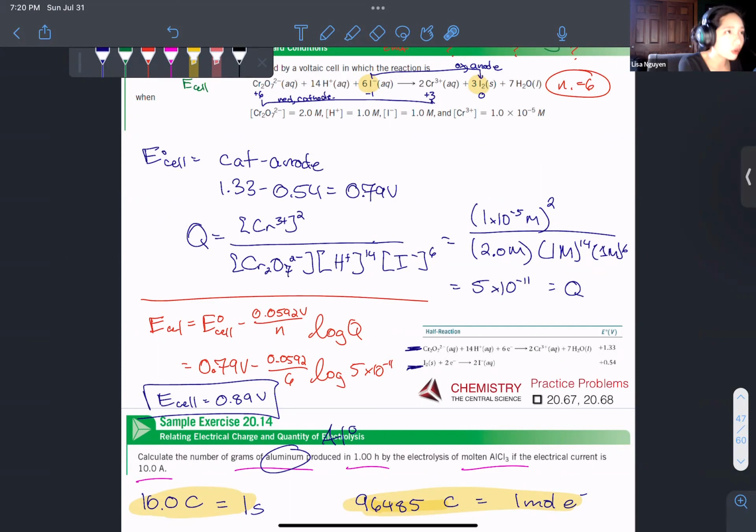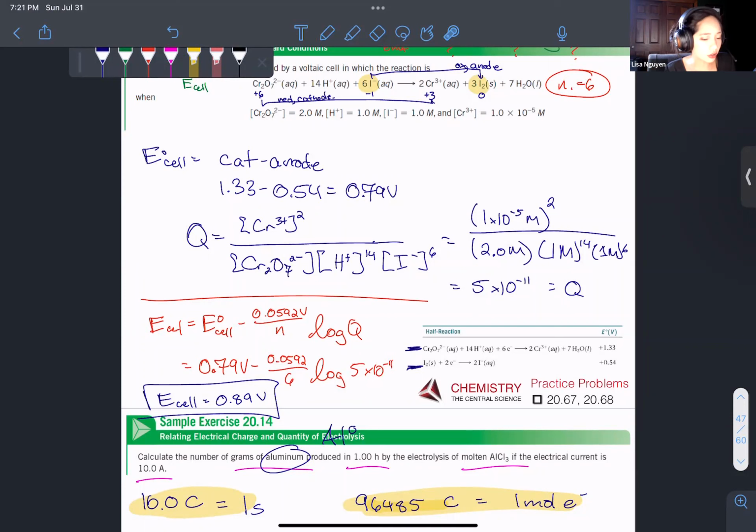You converted all of your reactants to products, and now there's no more potential energy to harness for your battery to run, because essentially this is a battery. You ran out of juice there. You converted everything to products, you harvested all the energy that you could already when there's a lot of products, versus when you have a lot of reactants, then you have a little bit more juice to push that reaction forward.